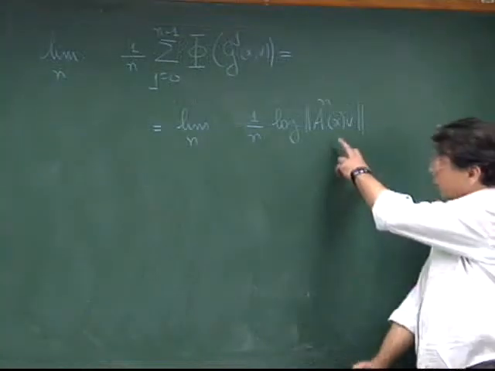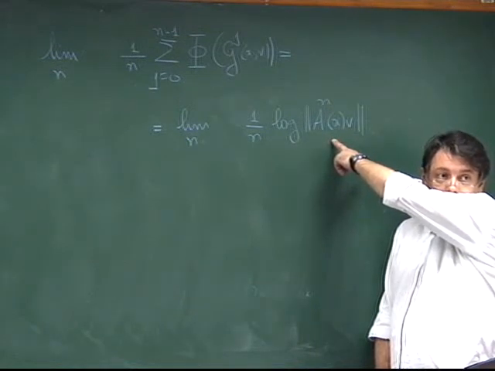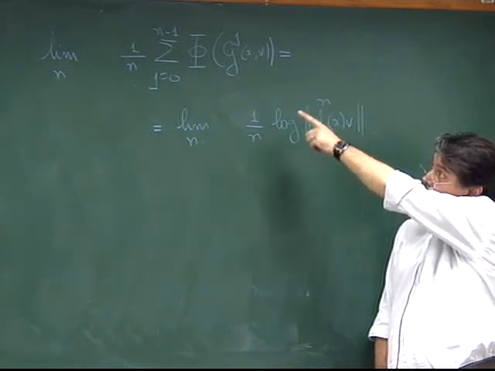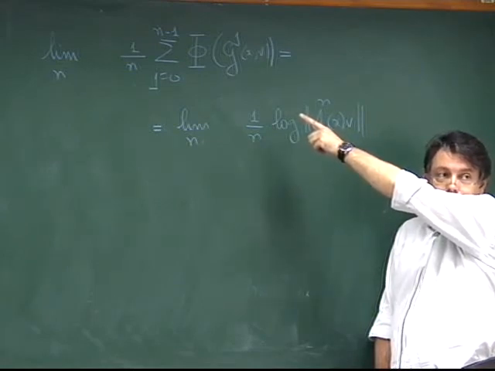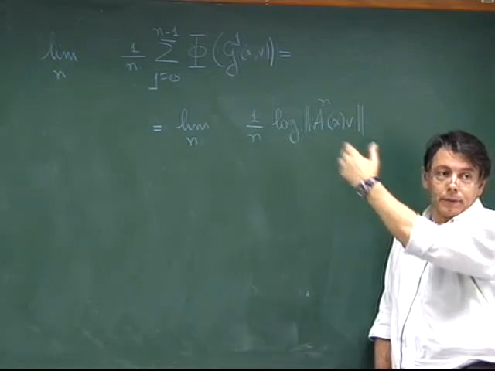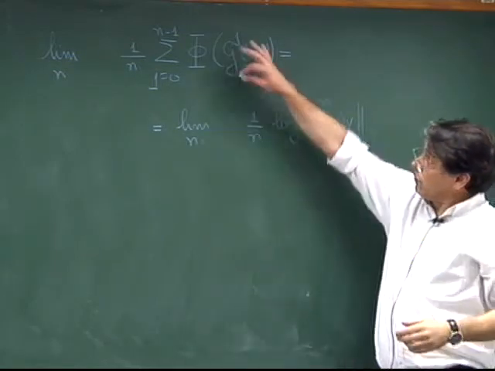So you see, we want to prove that this limit exists. We don't know that. But that is the same as proving that that Birkhoff average converges. So that's where I'm linking the statement in Oseledets' theorem with the Birkhoff ergodic theorem.